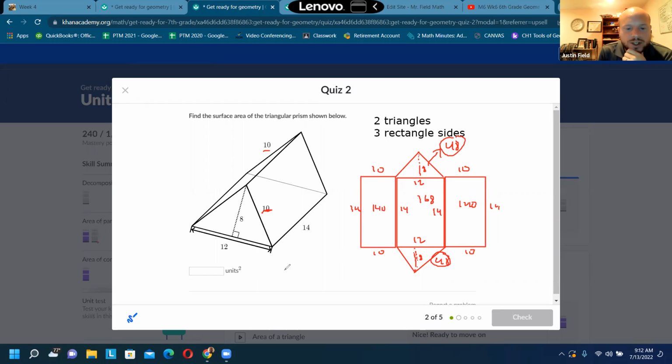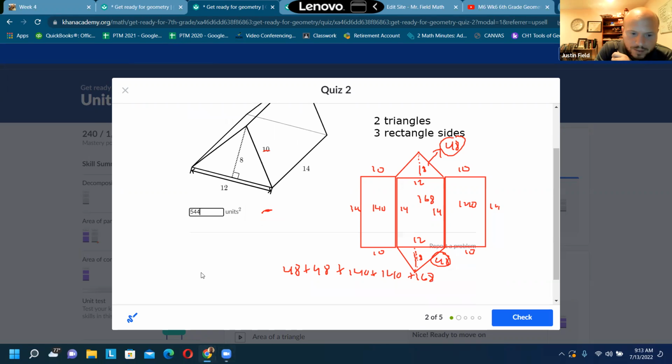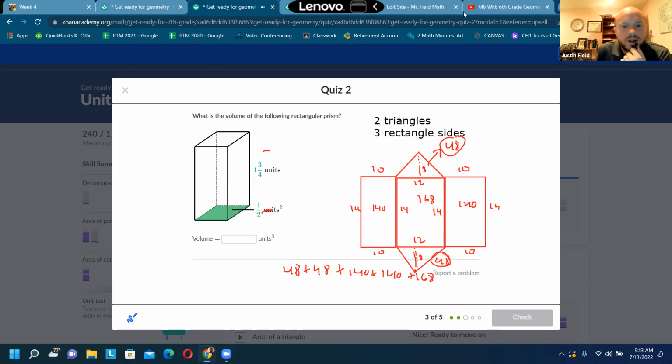So then to find the surface area, we add our 48s together, our 140s together, and our 168. So 48 plus 140. Whoa. I really should just do this without this calculator here. 544. All right, so there you go.